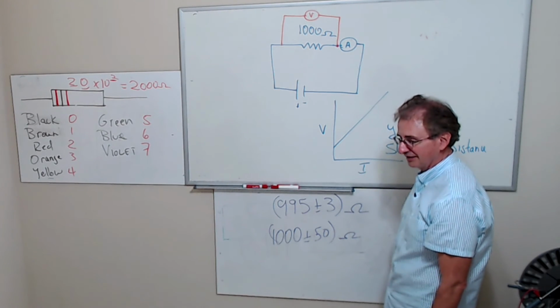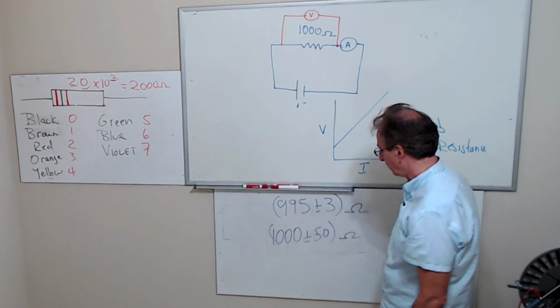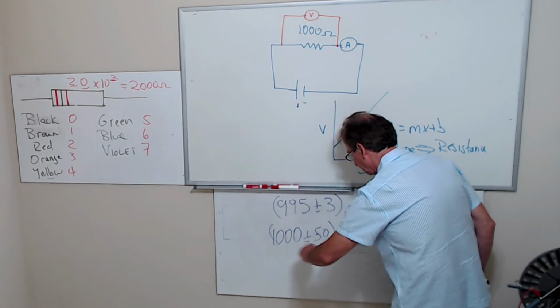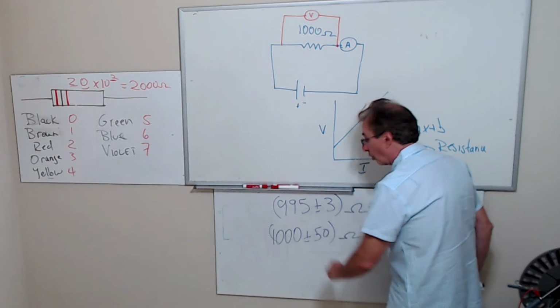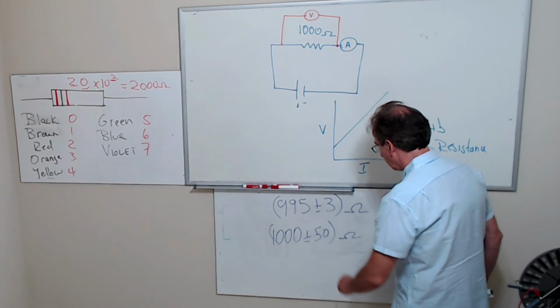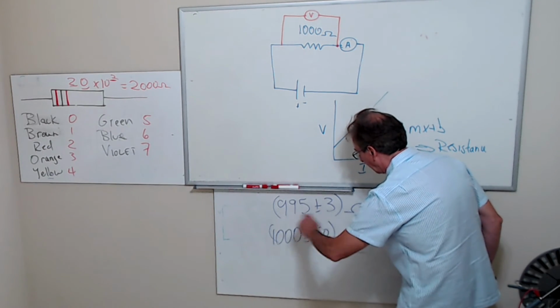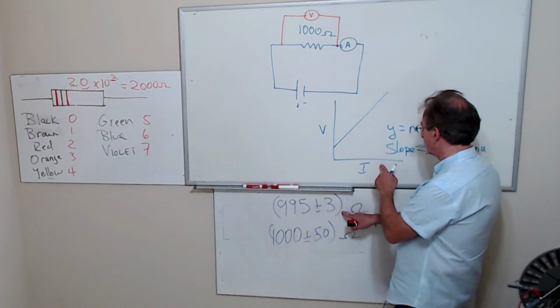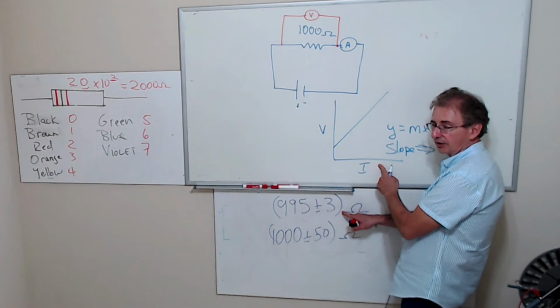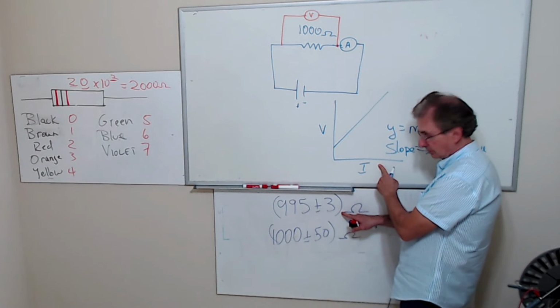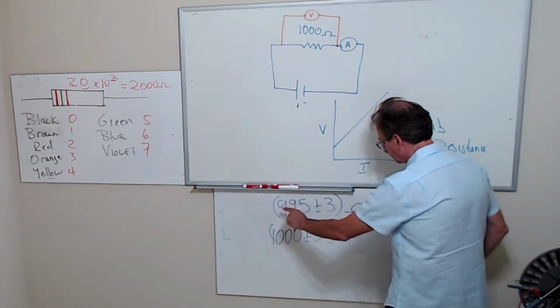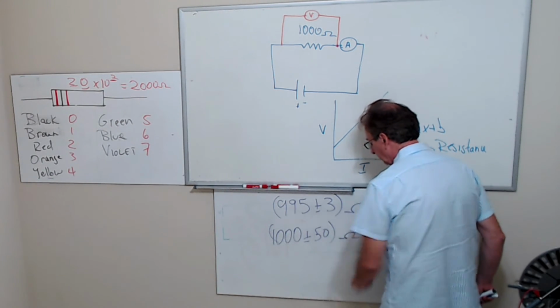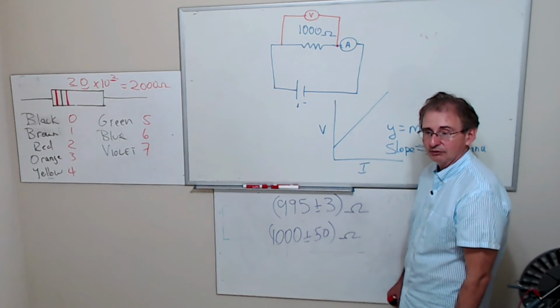So they agree. What do I mean by they agree? The range of values quoted by the color code overlaps the range of values from my measurement. Remember, anytime you make a measurement, you're not getting a number, you're getting a range of values. And so my range of values that I measured overlaps with the quoted resistance value.